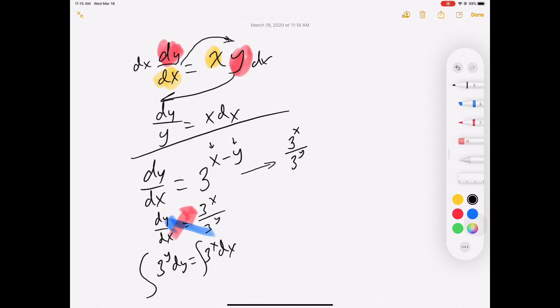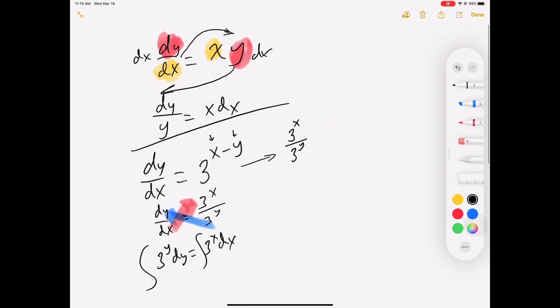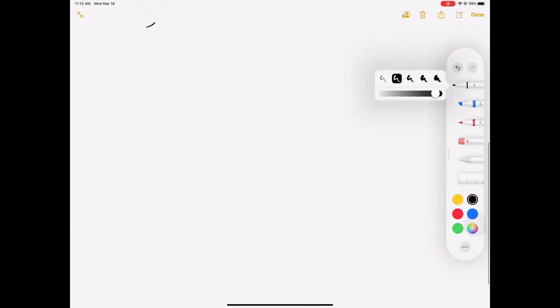Now, when can't I separate it? Well, there's a couple of problems. The whole goal oftentimes is through multiplication and division. We're shifting stuff over through multiplication and division. Now let's try something that doesn't really work out. If I write dy over dx is equal to x plus y.